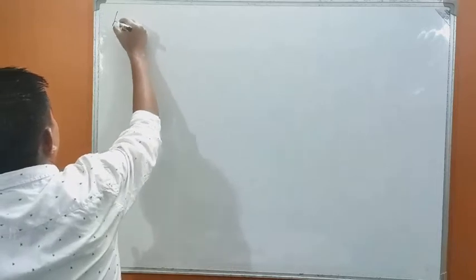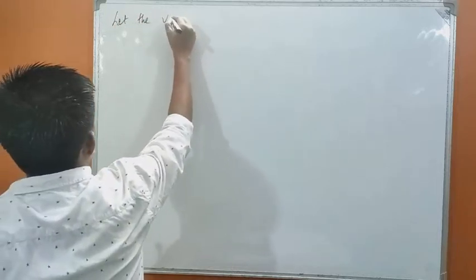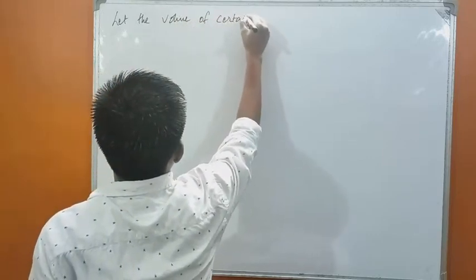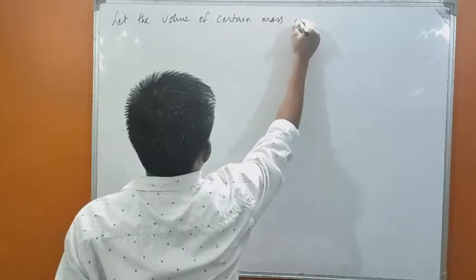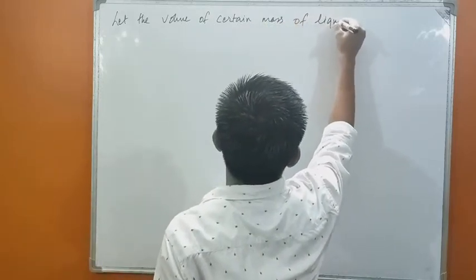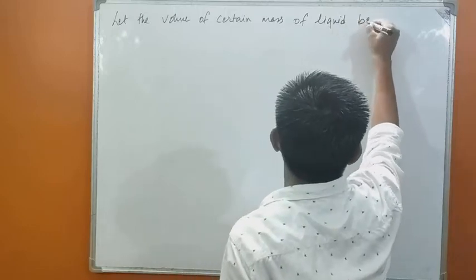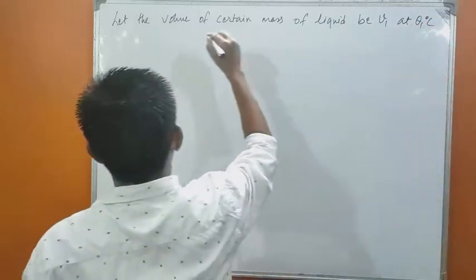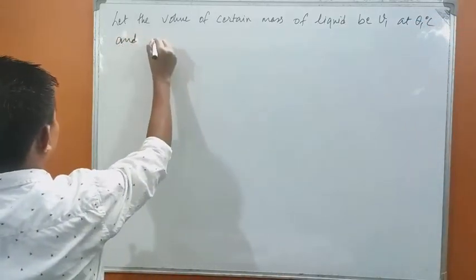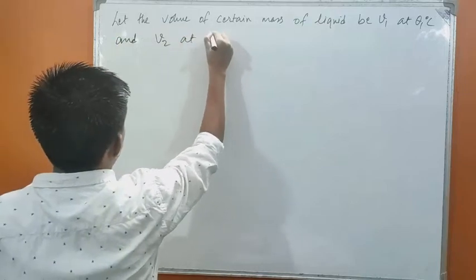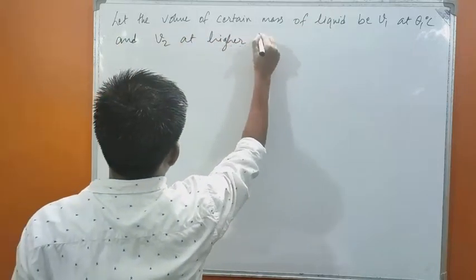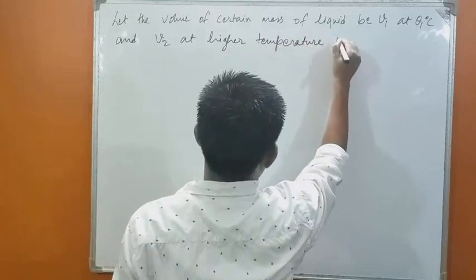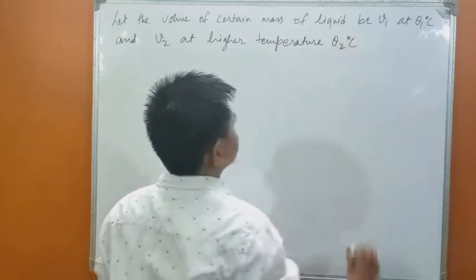Okay, let the volume of a certain mass of liquid be V1 at theta 1 degree Celsius and V2 at a higher temperature theta 2 degrees Celsius, okay?